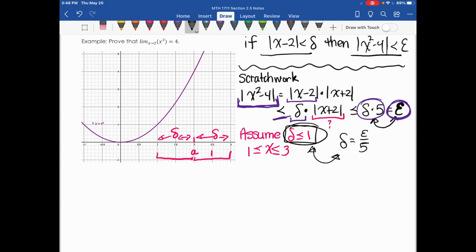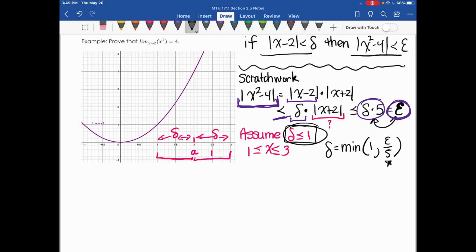So when we write our proof, because we made that additional assumption, we actually have to say that delta has got to be the minimum of 1 and epsilon over 5. Typically, this would be the smaller of the two, epsilon over 5.